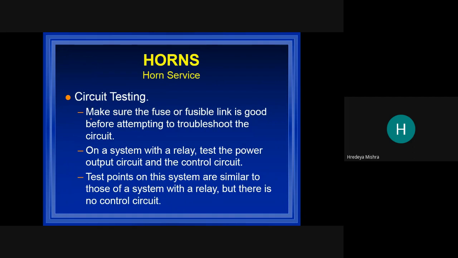Horn service: make sure the fuse or fusible link is good before attempting to troubleshoot the circuit. On a system with a relay, test the power output circuit and the control circuit. Test points on the system are similar to those of a system without a relay, but they are not in the control circuit.